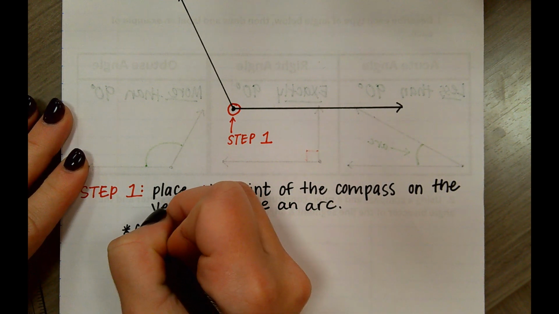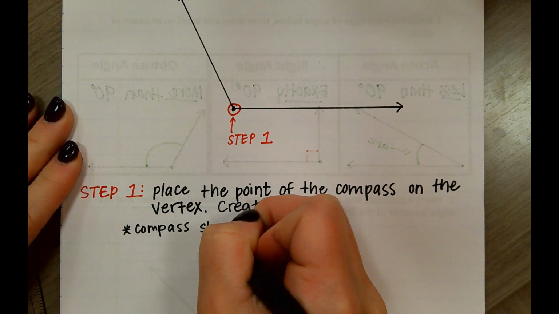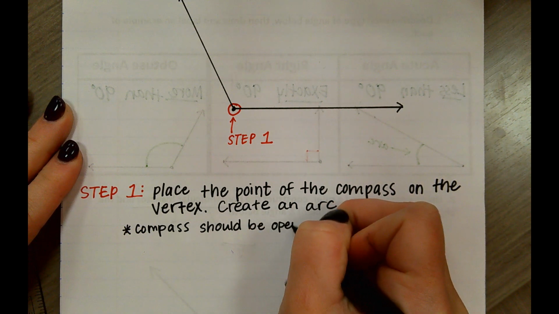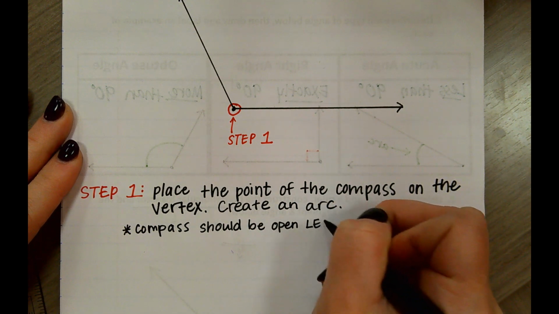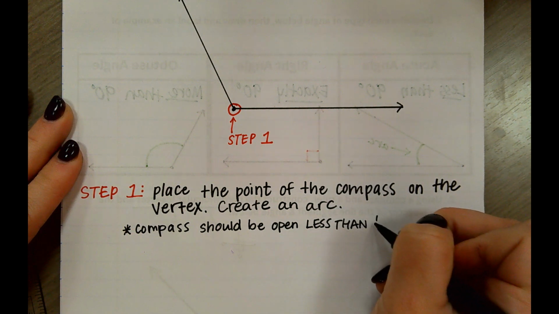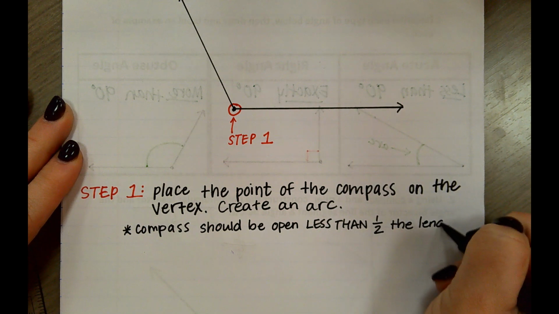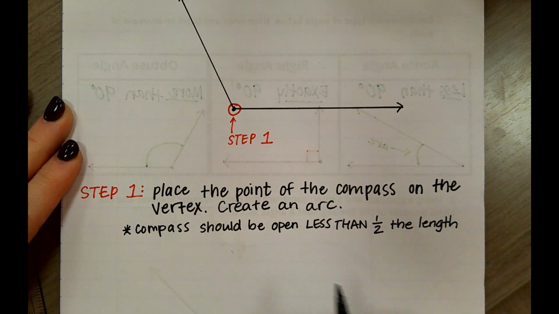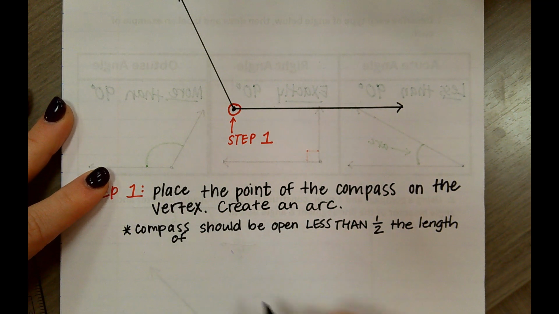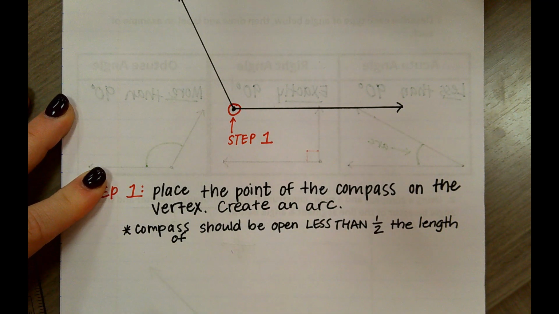So, compass should be open less than half the length of, let's see, less than half the length of one of the rays.